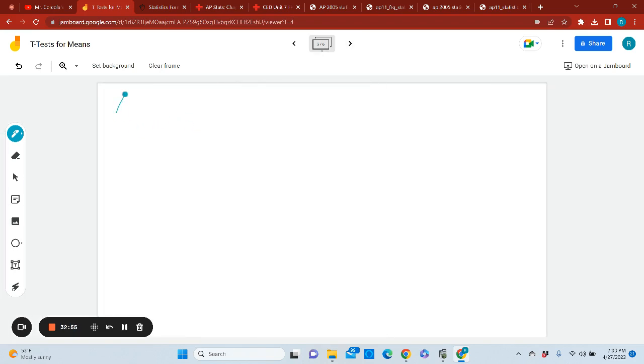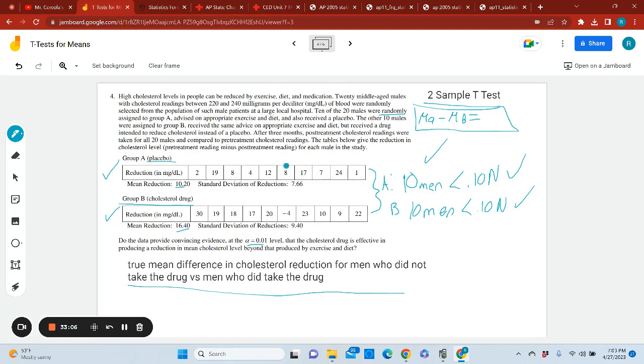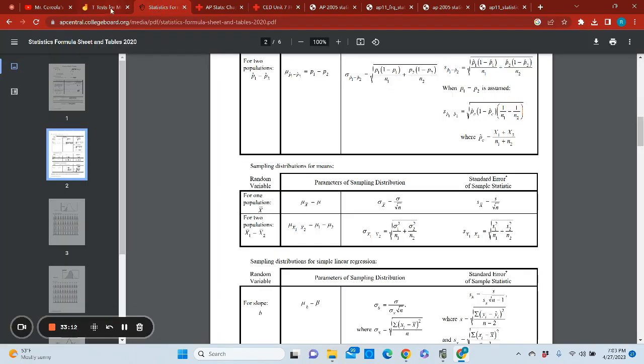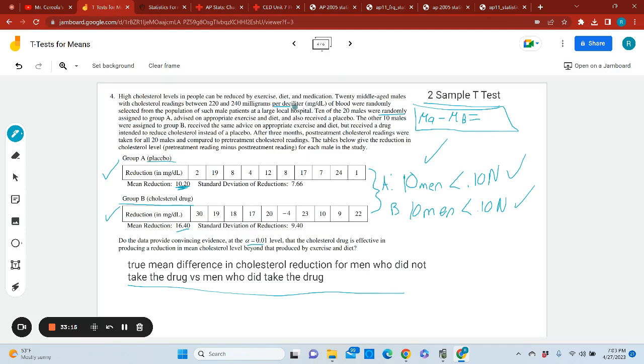So for group A, which is the placebo group, we've got an x bar. The reduction in cholesterol for the people who dieted, exercised, but took an inactive drug: on average, their cholesterol went down by 10.2 milligrams per deciliter.